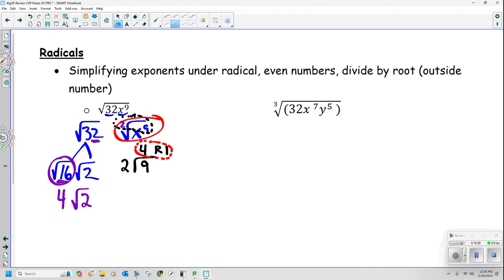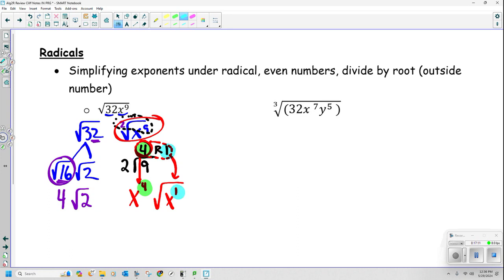Okay, 4 x's come out of the radical, and 1 x remains in the radical. This is what comes out of the radical, and the remainder is what remains.